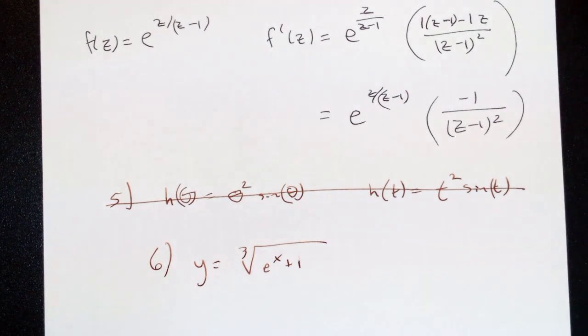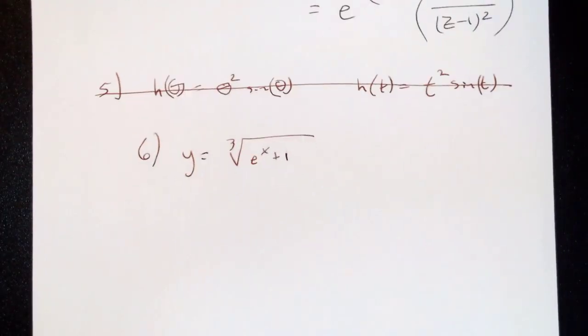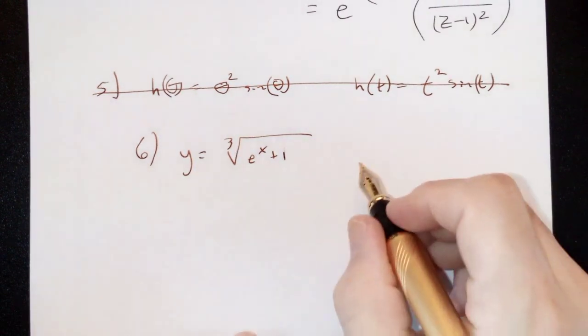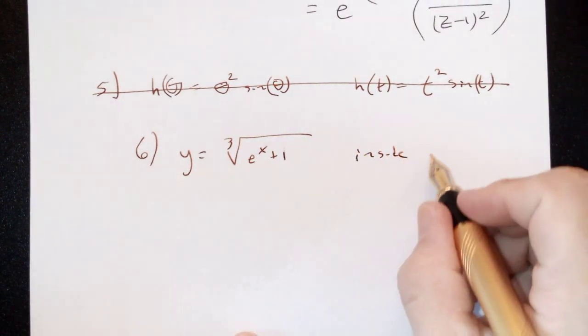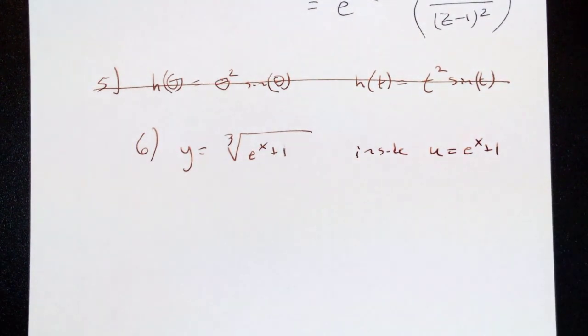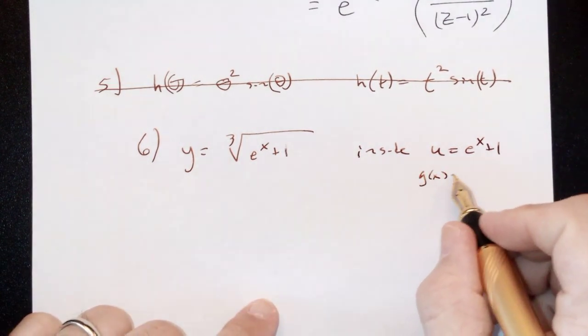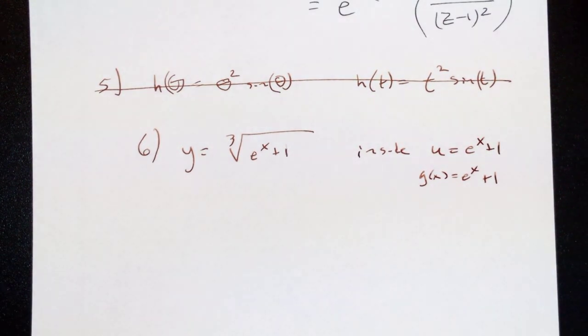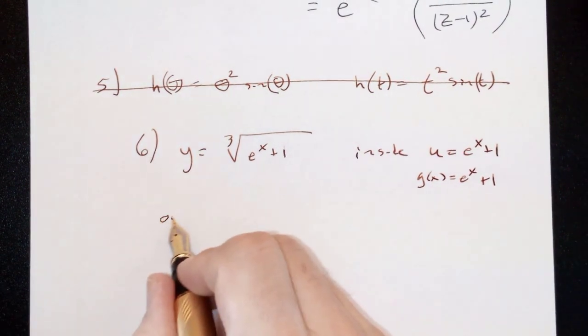What I want you to do is tell me which part's the inside, which part's the outside. So if that's the inside, that's what we were calling u in class, right? But the textbook also calls that g of x, because we're writing f of g of x. So then what's the outside part?